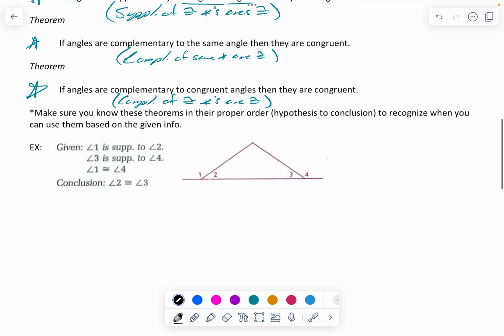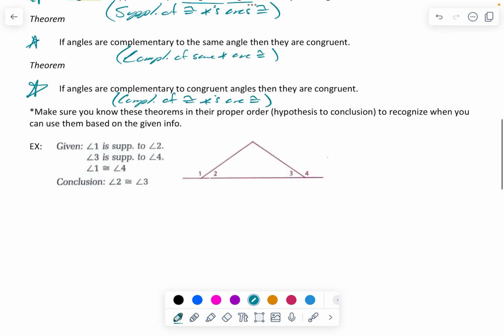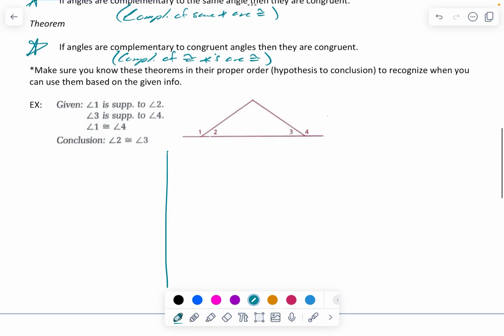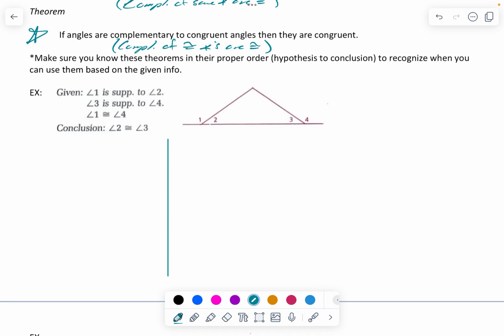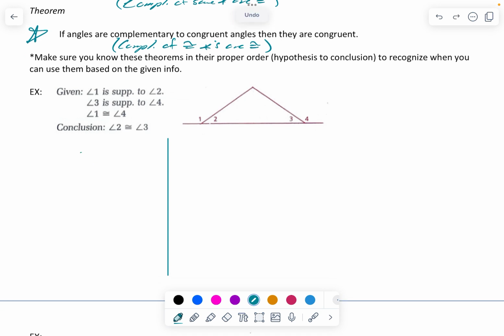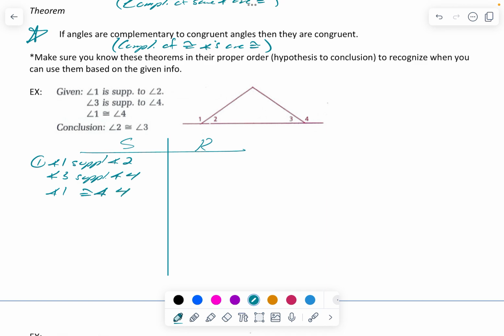So here we go. Let's take a look at this proof. So first of all, we have angle 1 supplementary to angle 2, angle 3 supplementary to angle 4, angle 1 congruent to angle 4.